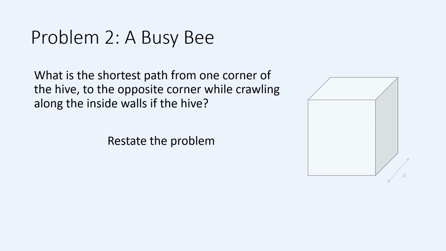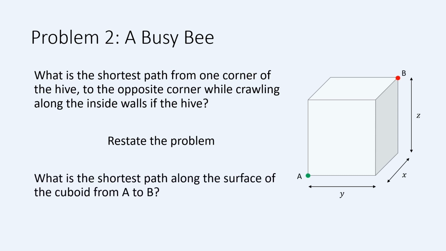We can think of the hive as a cuboid with dimensions x, y, and z. Then our question is, what is the shortest path along the surface of the cuboid from one corner to the opposite corner? We may as well assume that we have chosen to label the dimensions such that x is less than or equal to y, which is less than or equal to z.